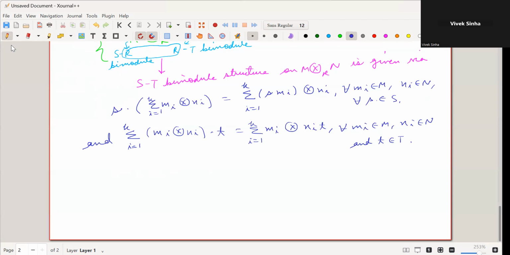So this is the module structure, and what is important here is to understand the proof of it, but I don't think that we have that much time to discuss the proof. If time permits, then we will see.